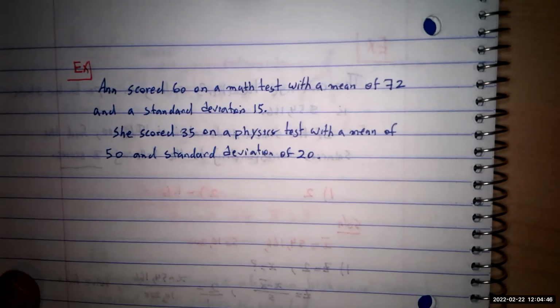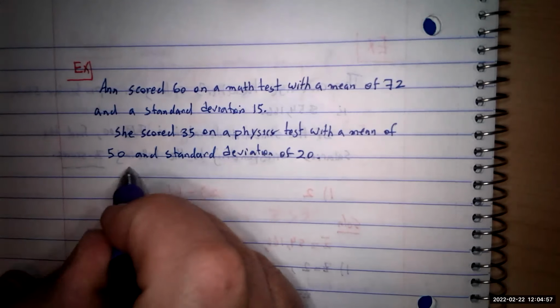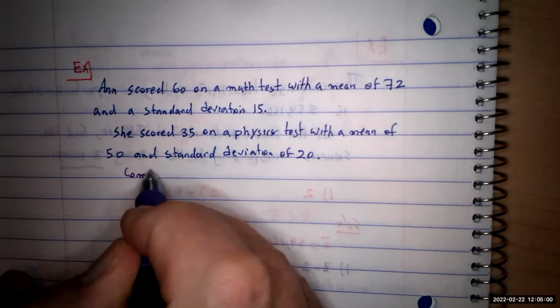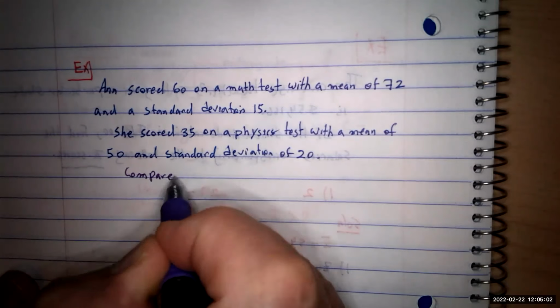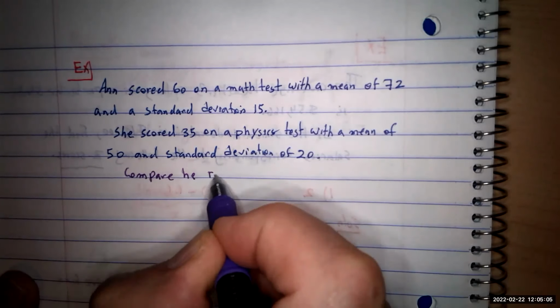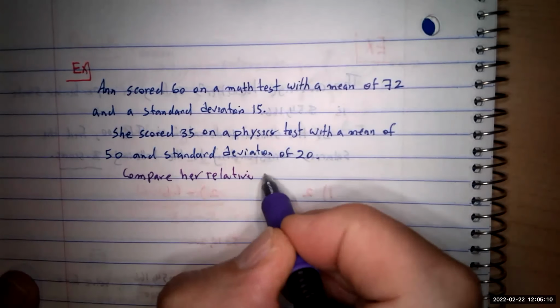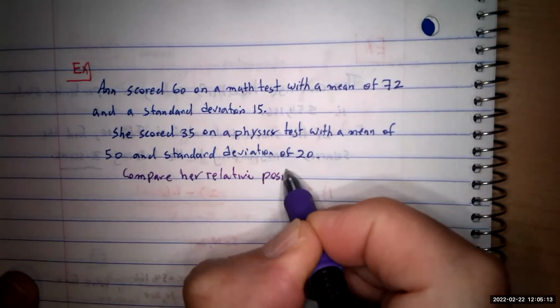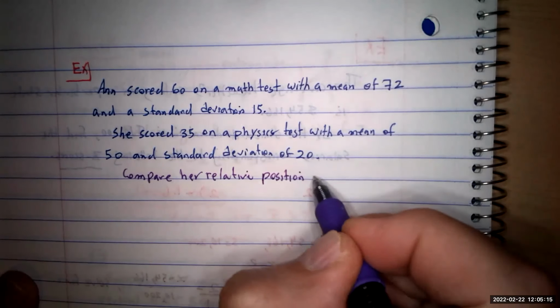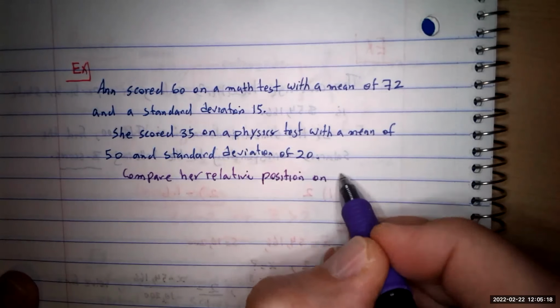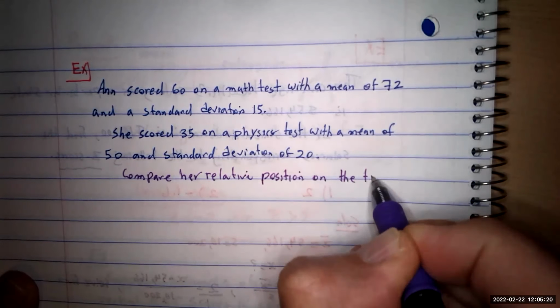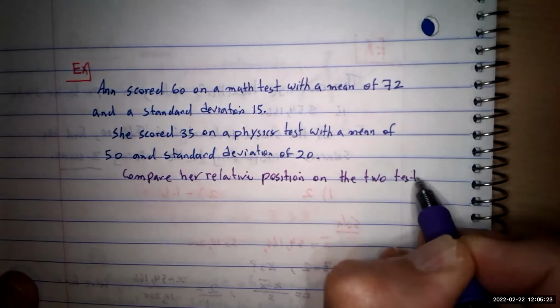She wants to know which one is better. What is her relative position? We compare the relative position in the maths and the physics. So I would like you to compare her relative position on the 2 tests that we are going to have.